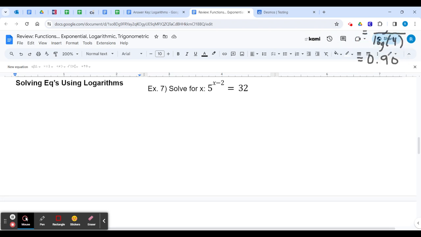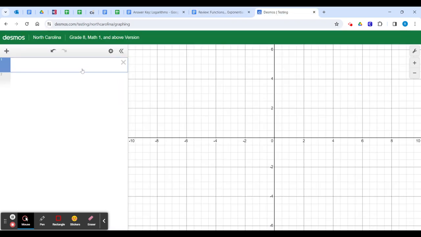Now, logarithms can be used to help us solve exponential equations. It may not be easy to see what our answer is for this exponential equation here. One thing you can do, if you run into this, feel free to throw it in our graphing software, right?